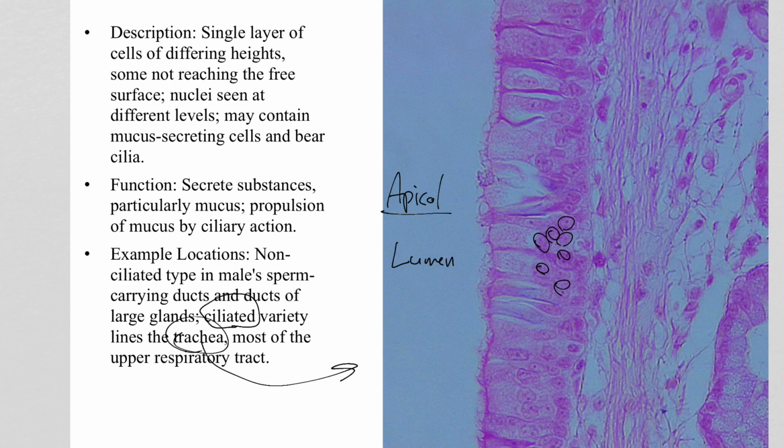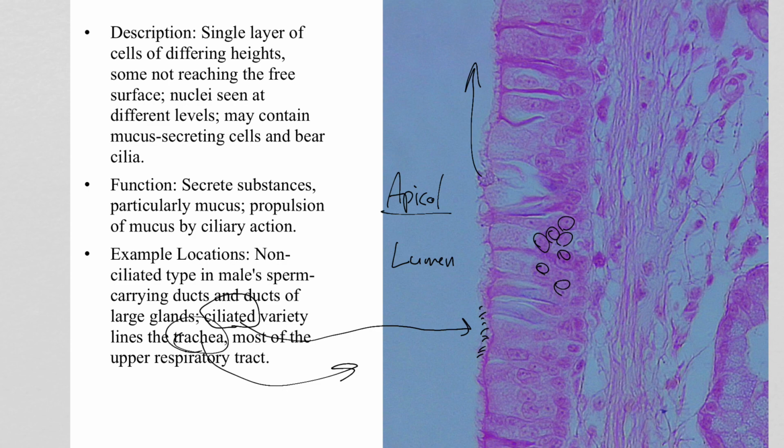And these structures that you see here that sort of look like fuzz, those are cilia. Cilia are similar to microvilli in that they increase surface area, but they're not there for absorption. They're there for movement. The respiratory tract secretes a bunch of mucus, and cilia push that mucus up and out of the airway so that it turns around and goes down the esophagus, because the stomach, which is what the esophagus leads to, has a bunch of acid.